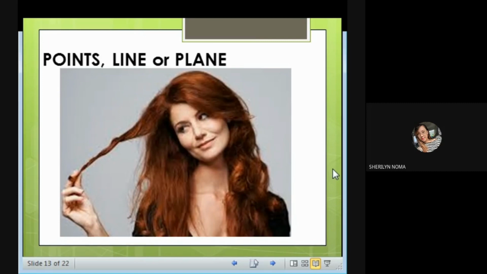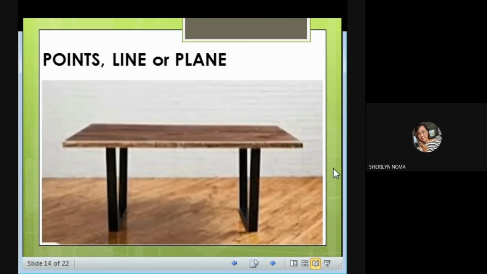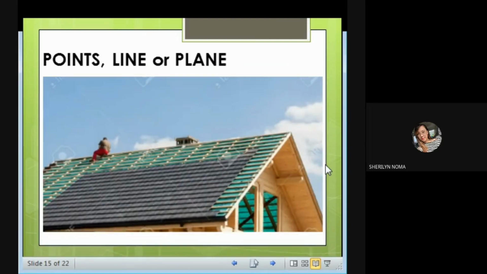Yes, that is a line. Third, edge of the table. Is it point, line, or plane? Great. Again, that is a line. Fourth, roof. Is it point, line, or plane? That is a plane.